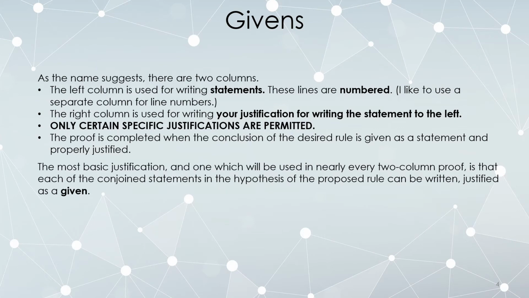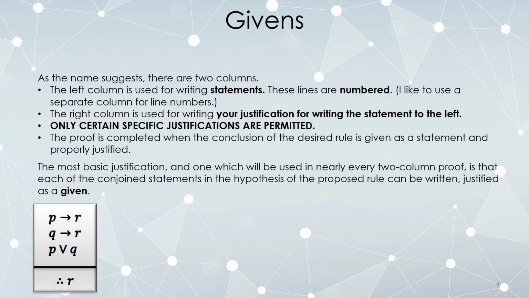But every line must be justified, so we need to establish what the allowable justifications are. The most basic one, which is used in 98% of two-column proofs out there, is where whatever those hypotheses were in the rule of inference, you can put the hypothesis into the two-column proof and justify it as a given. So here is the rule of inference that we introduced on a previous slide.